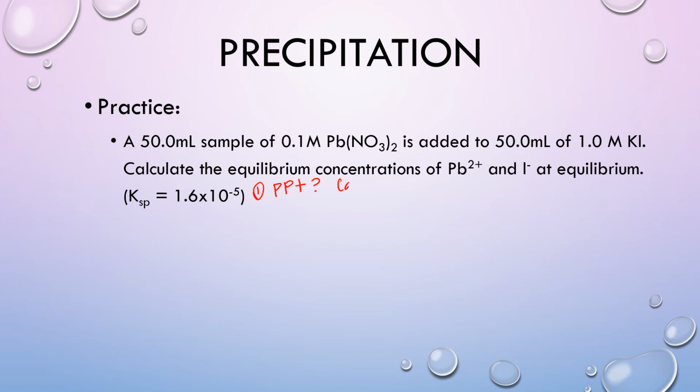So we have to calculate Q. So I'm going to take care of my volume change. Lead iodide is going to be my precipitate if it forms. So my lead concentration from the lead nitrate, 0.1 molar, 0.05 liters.